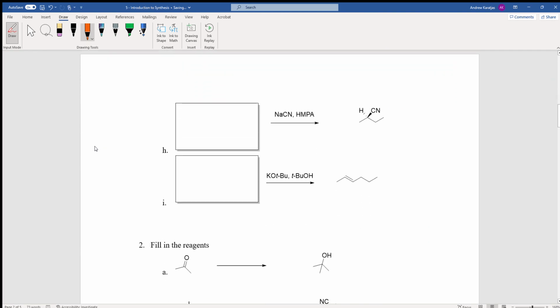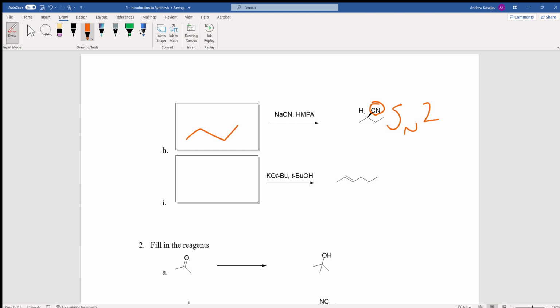All right, 2 more of these. We have sodium cyanide, and especially with the solvent HMPA, we know that's going to be an SN2 reaction. So for SN2, that means the nitrile substituted for some leaving group. That leaving group could be anything you want it to be.